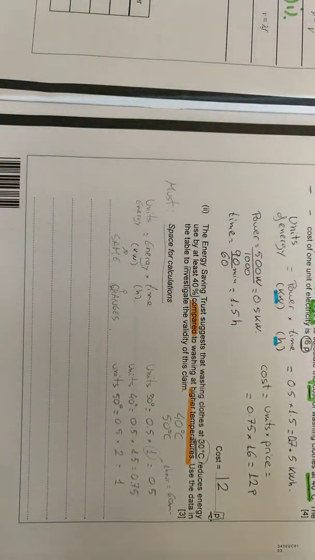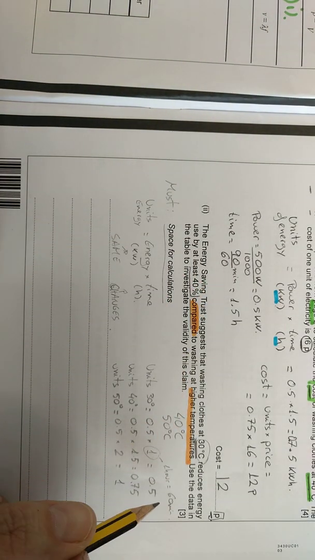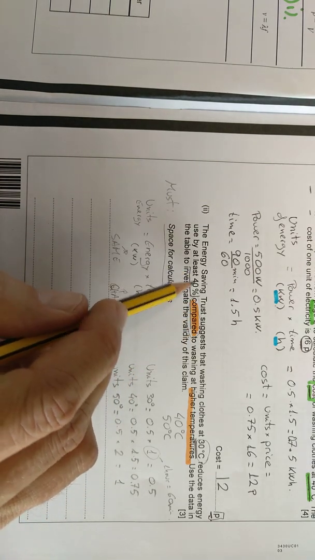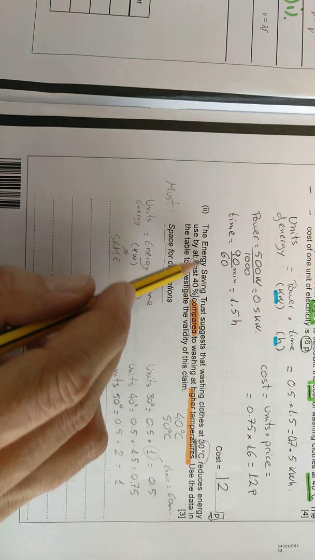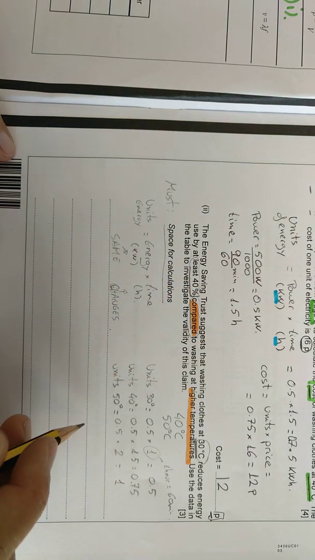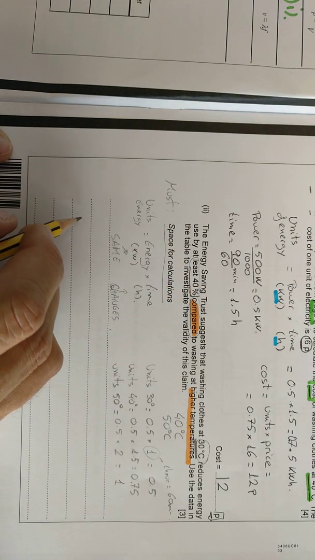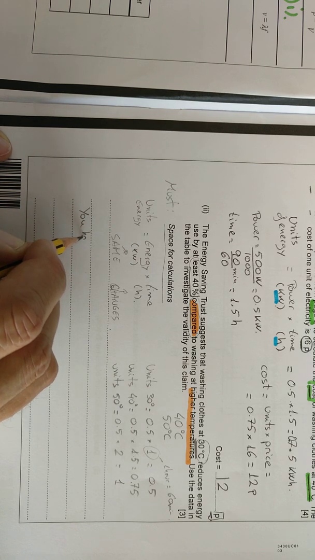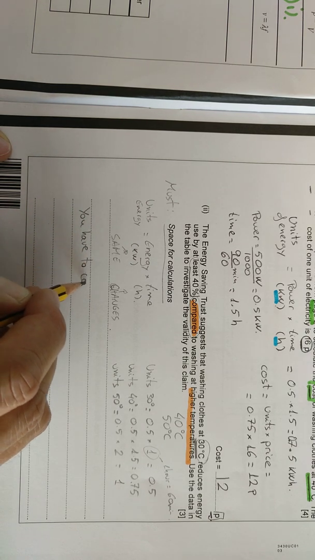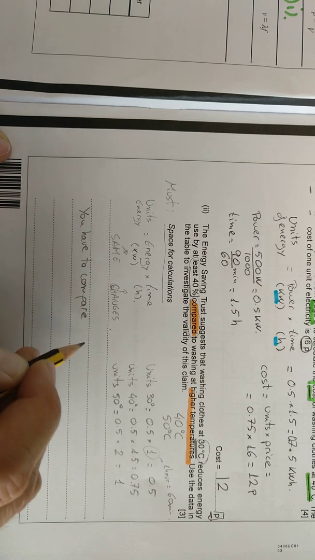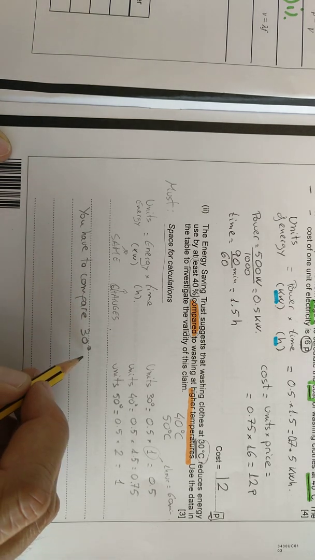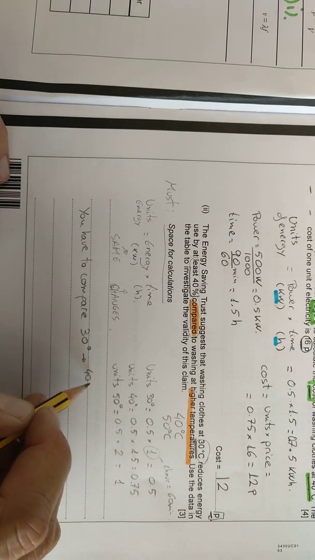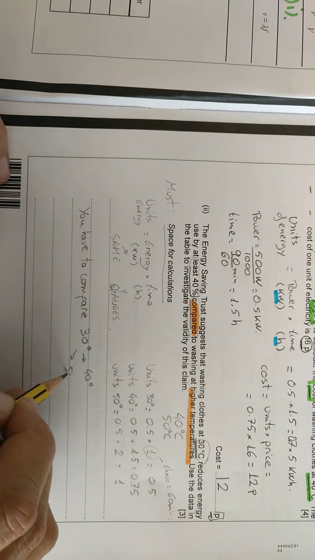But once we have done these calculations, we need to compare them and see if we are saving 40% of the energy. Therefore, what are we going to do? You have to compare the energy used at 30 degrees with 40 and with 50.